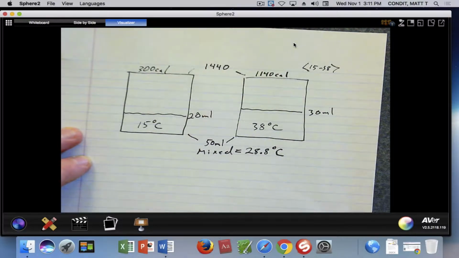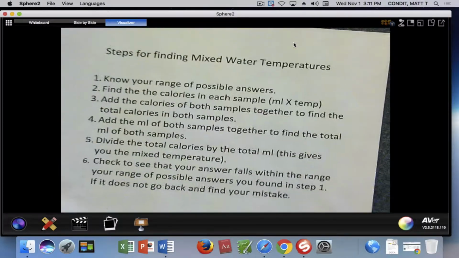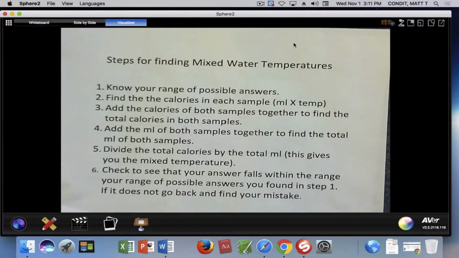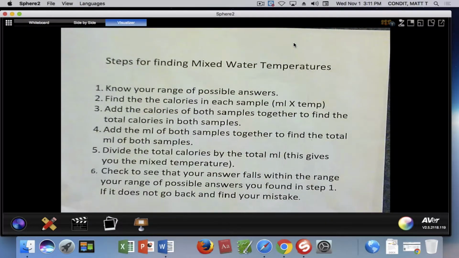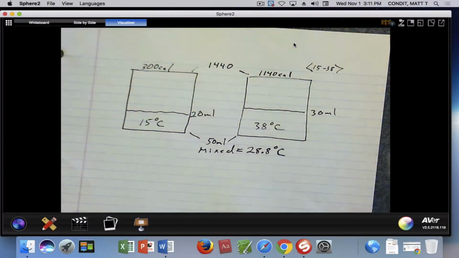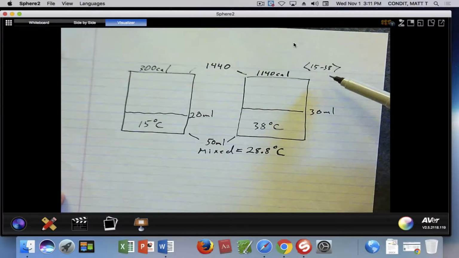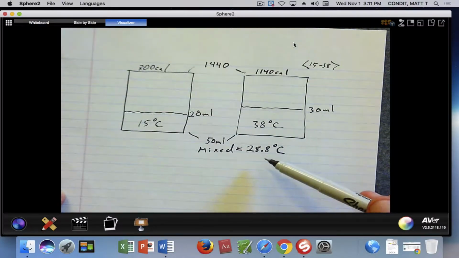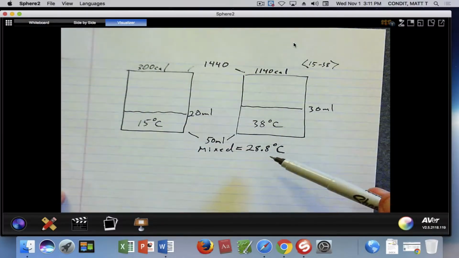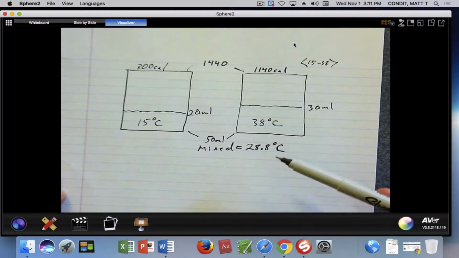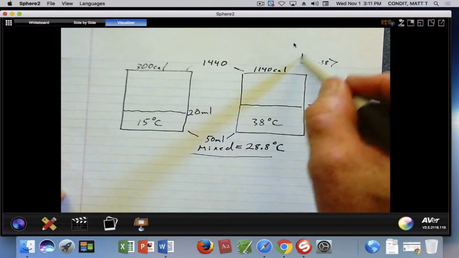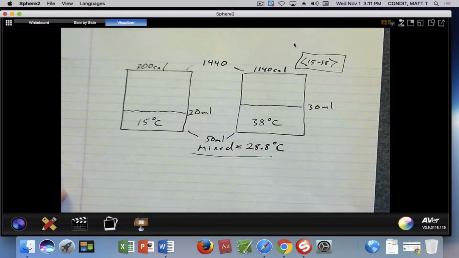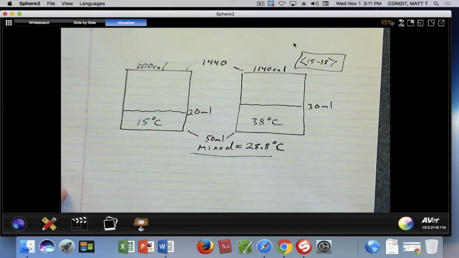And finally, the last step, once I found it, to make sure I didn't make any mistakes, check to see if your answer falls in the range you found possible in step 1. Well, in step 1, we said our temperature had to be somewhere between 15 and 38 degrees, and it is. And if you make a mistake on this and you multiply something when you add it or you divide backwards, you will not get an answer that's even close to the range it's supposed to be in, and it will let you know if you've made an error.